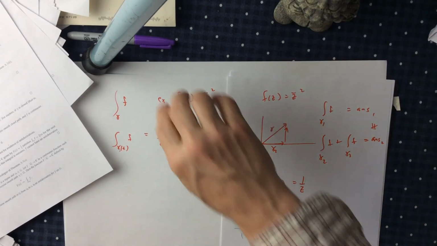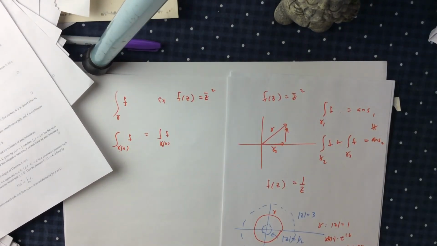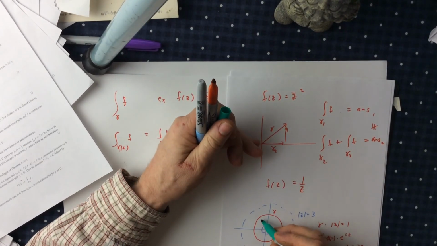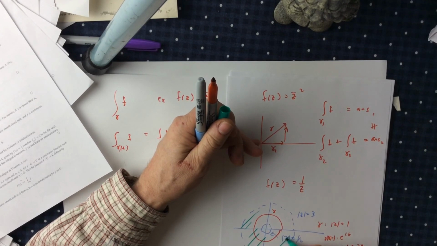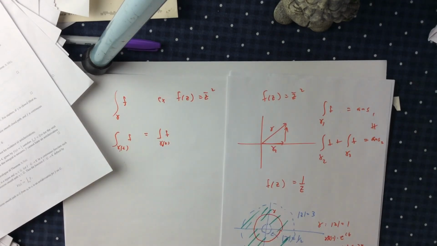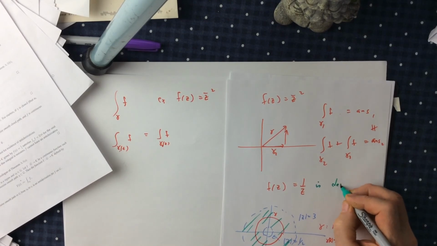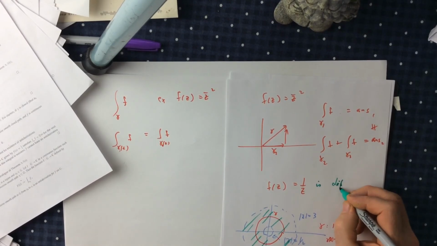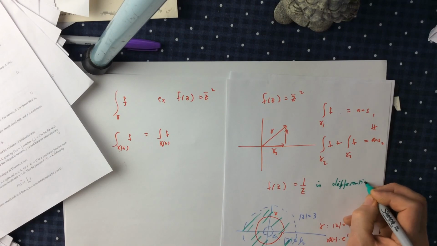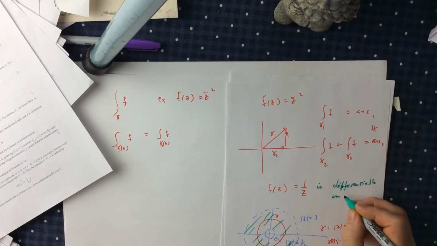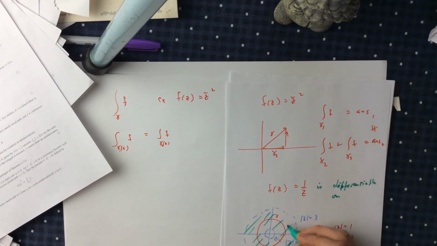Now, the region that I'm going to work with is between these two, and f of z is differentiable on this region. It's a very nice function.